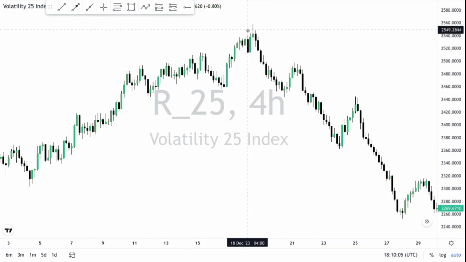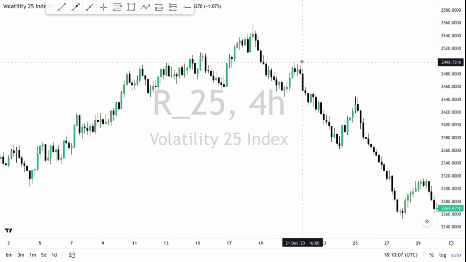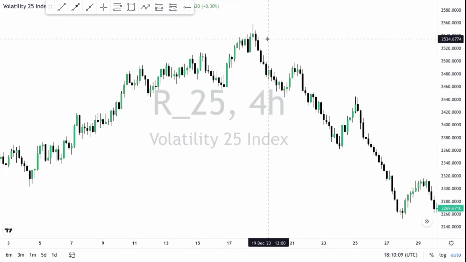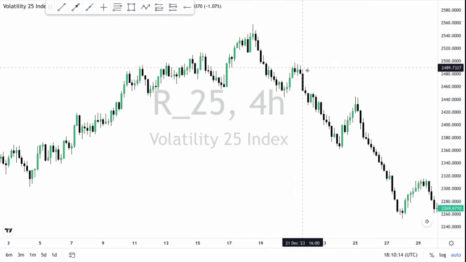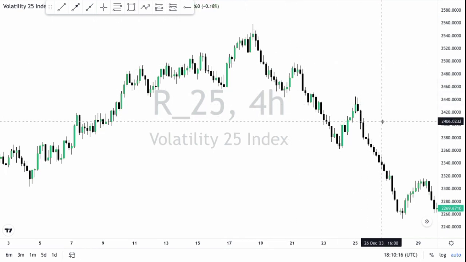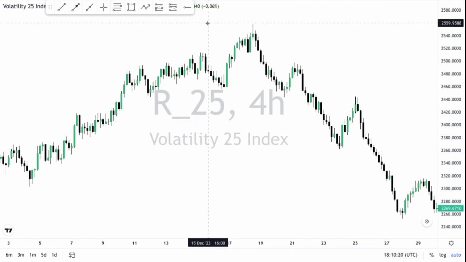So there is this top and this second one. You can only put your trend line between the first top and the second top, and then the other points that follow will automatically touch the trend.